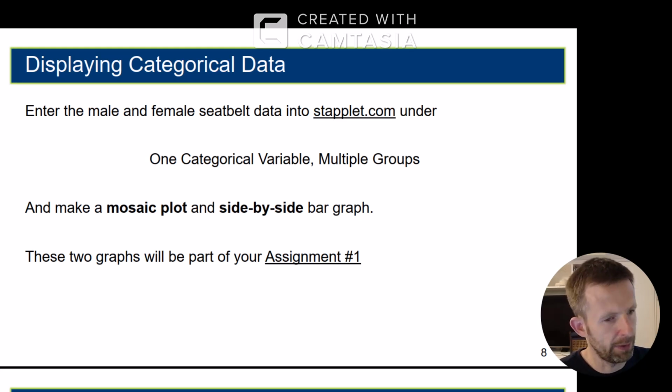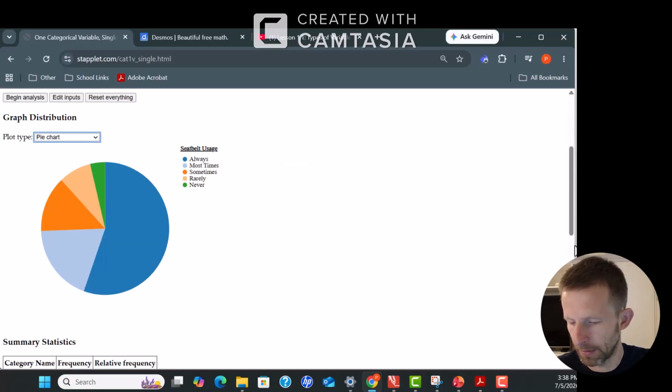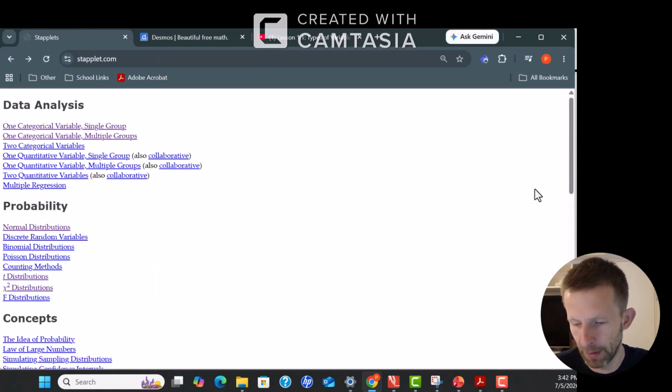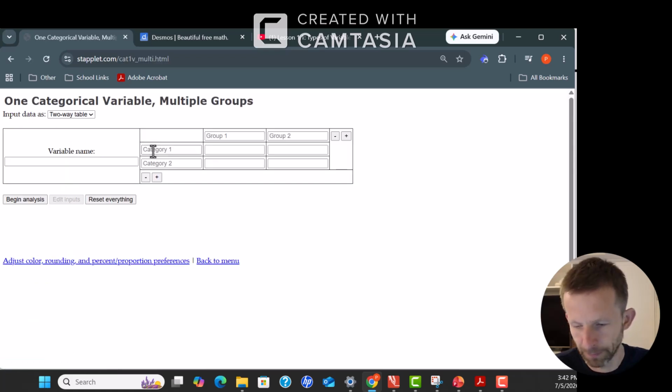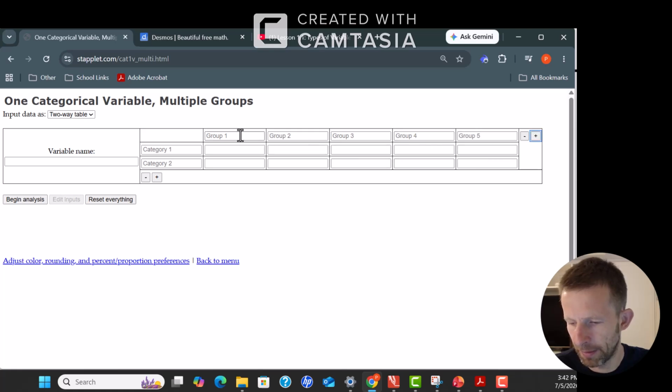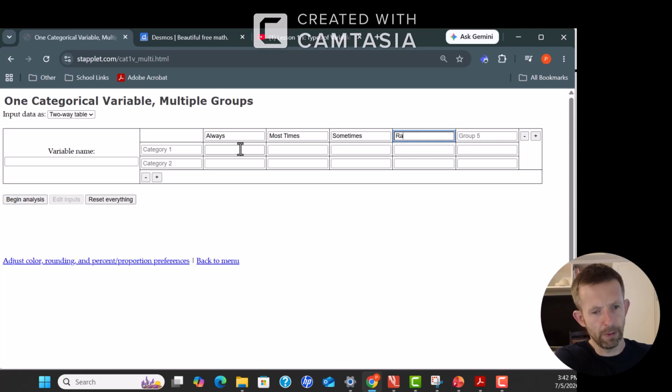All right, so I'm going to show you how to do this. So here I'm going to do one categorical variable, multiple groups, and I will have 5 different groups here. So always, most times, sometimes, rarely, and never.